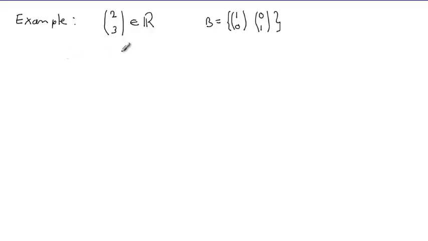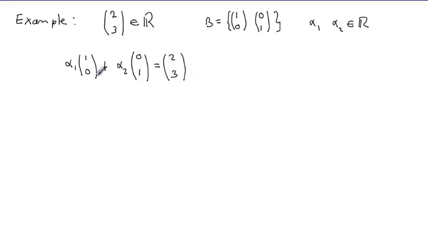We can show that there exist scalars alpha 1, alpha 2 in R such that alpha 1 by (1, 0) plus alpha 2 by (0, 1) is equal to (2, 3).